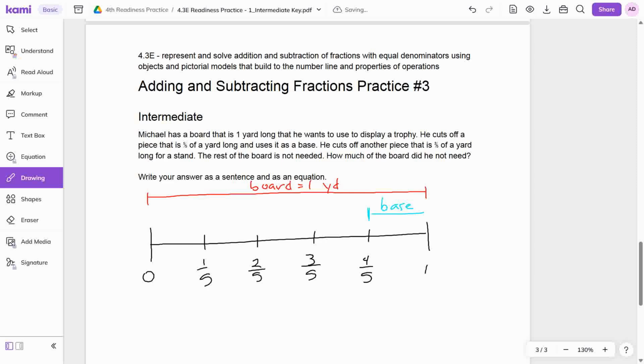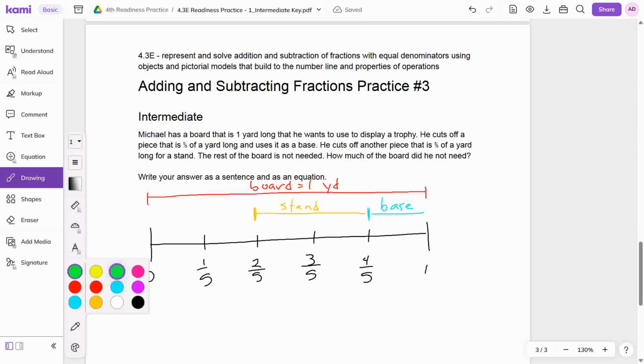Then he cuts off another 2/5 for a stand. So let me get a different color. And I need to go back 2/5. 1/5, 2/5. This is my stand. And then the rest of the board is not needed. That's what I'm looking for. So I'll just put this right here.